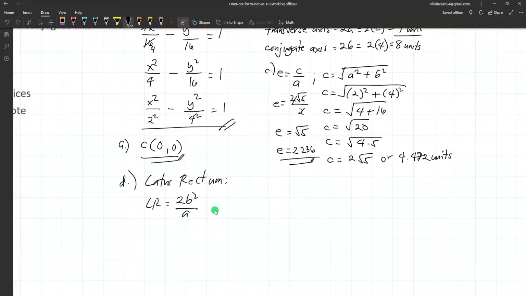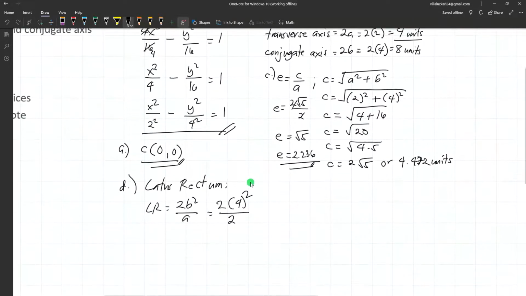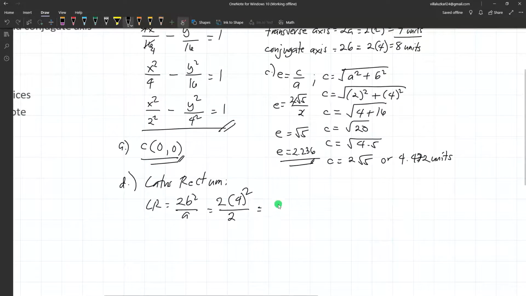So 2 times b, which is 4 squared, over a, which is 2. This equals 2 times 16 over 2. Cancel out 2. The length of the latus rectum therefore is 16 units.